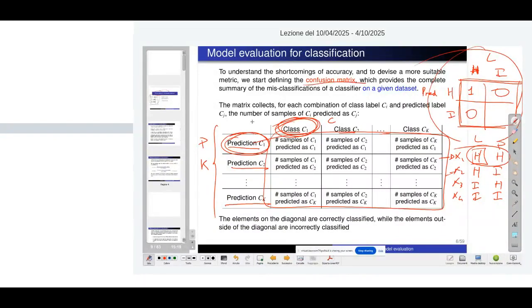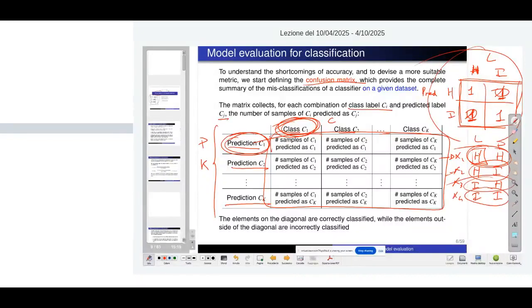For each combination of class label and predicted label, I have the number of samples that belong to that combination. So in our case, we have one labeled healthy and predicted as ill, so it will be here, one labeled ill predicted as healthy, and one labeled ill predicted as ill.